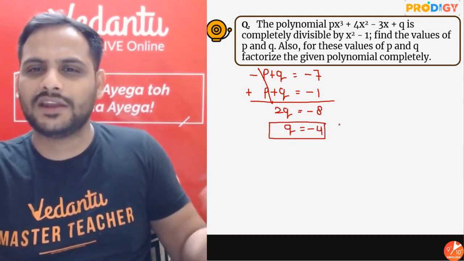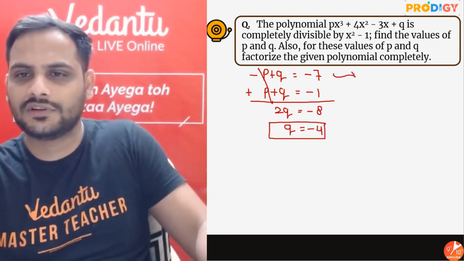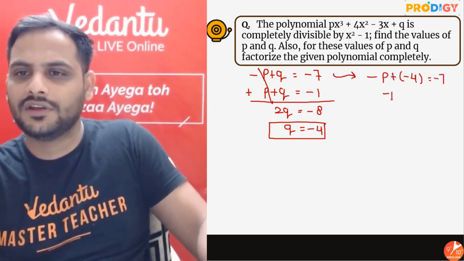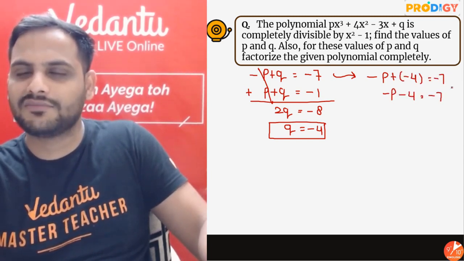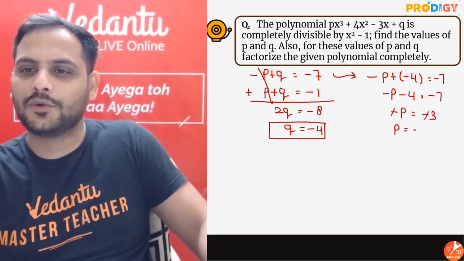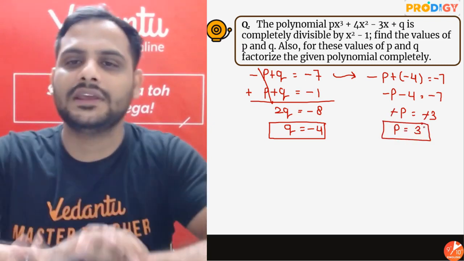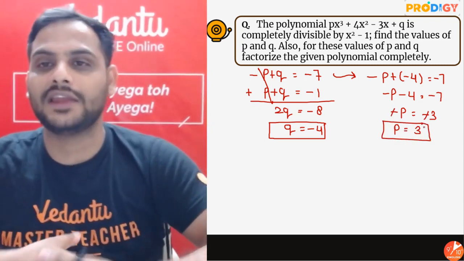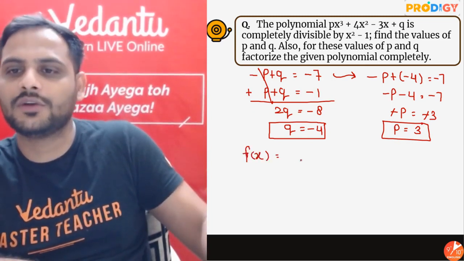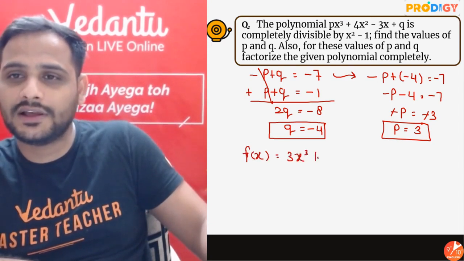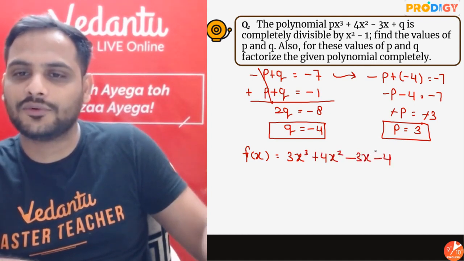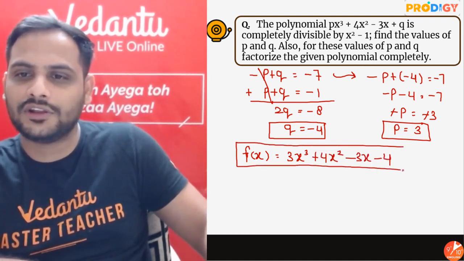If I put q equal to minus 4 in any of these, suppose in the first equation, minus p plus of minus 4 is equal to minus 7. So minus p minus 4 is equal to minus 7. Shift minus 4 over there. Minus p is minus 7 plus 4, which is minus 3. We get p is equal to 3. So q is equal to minus 4, p is equal to 3. We get our polynomial f of x equal to 3x cube plus 4x square minus 3x minus 4. This is my polynomial.